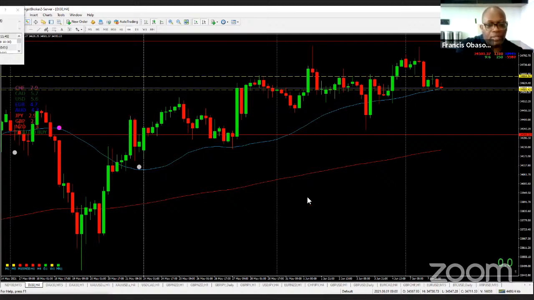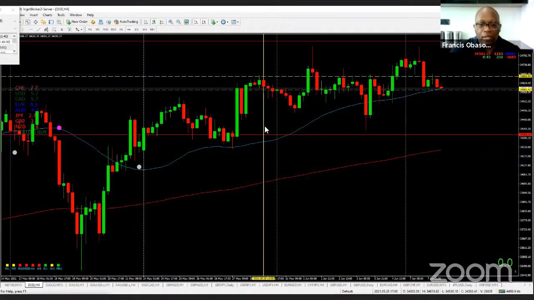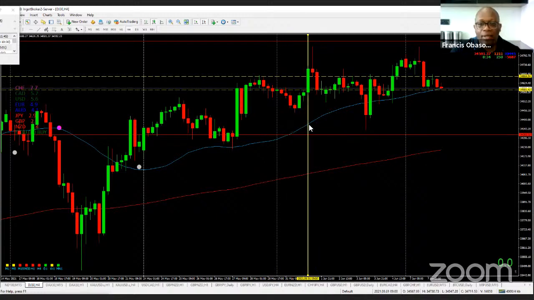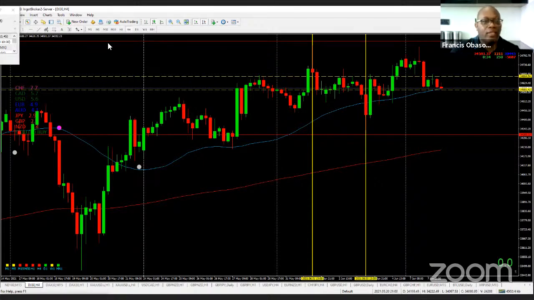Let's see, if we had gotten in, let's mark here. Let's mark there, for instance, and go to the 1 hour time frame. This would have played out beautifully.